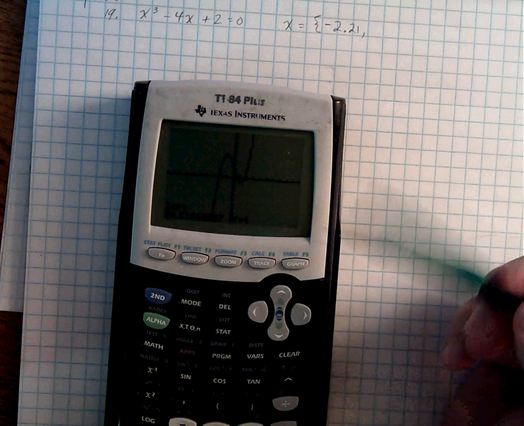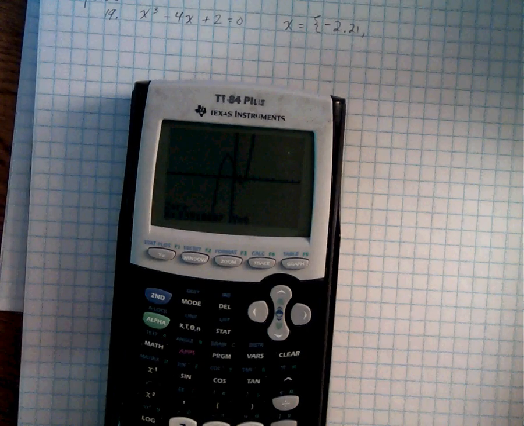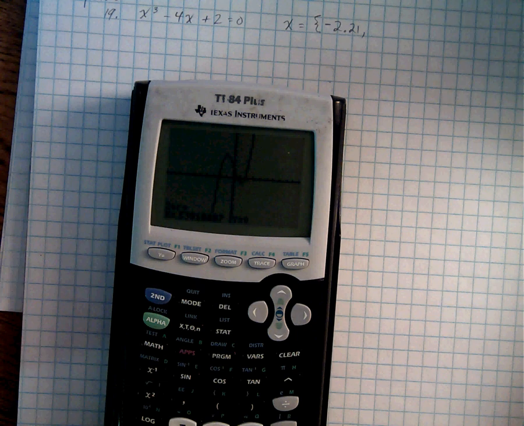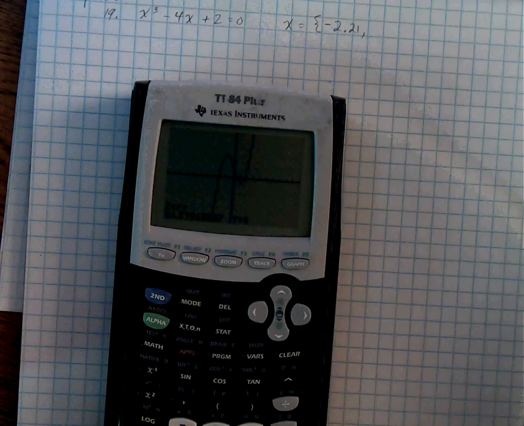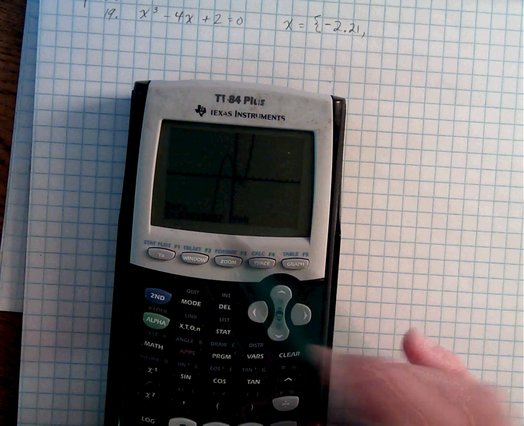Let me see if I can make this focus in a little better. It looks a little fuzzy, so hold on just a second. Hopefully that's a better view. This is -0.54 approximately.